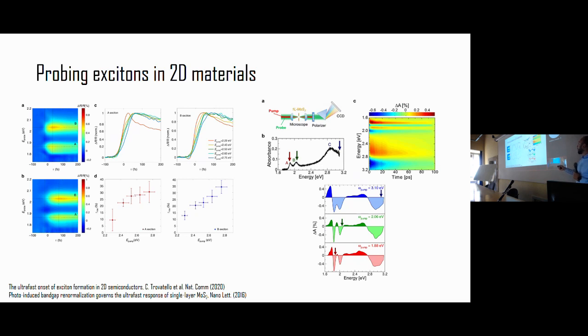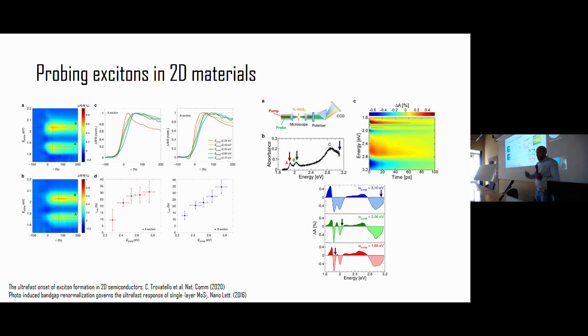So typically you see areas that are negative, the blue areas, and areas in red that are larger, or positive differential absorption. And these are the 3 cuts of the measurement at the energies that are marked here, at the exciton A, B, and C. So basically, at some energies, you have a bleaching of the absorption.